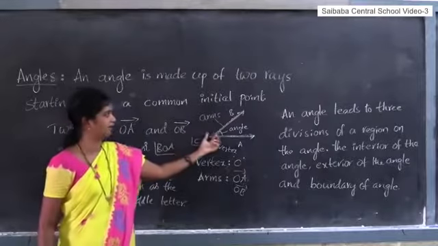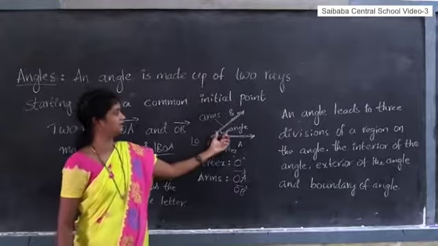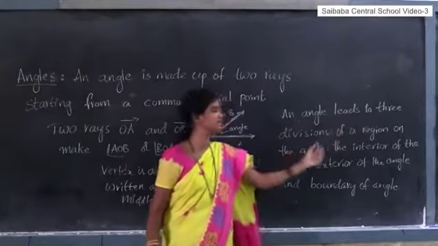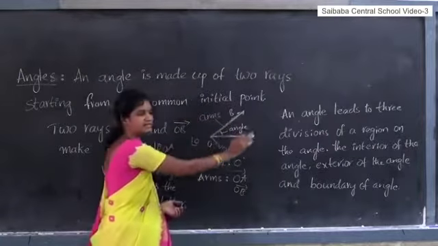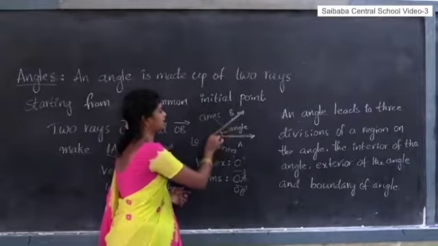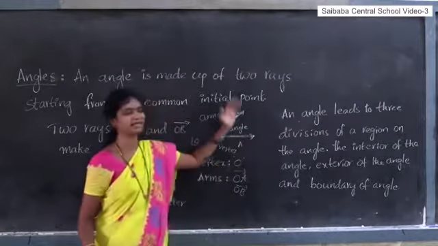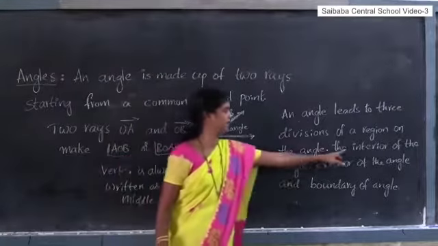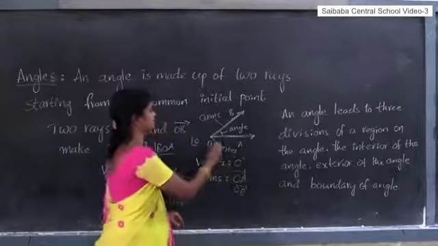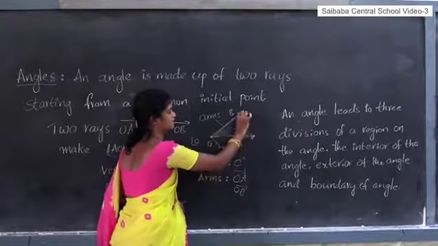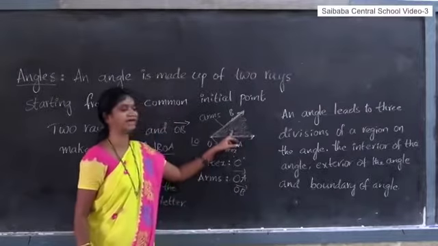So here again, an angle leads to three divisions of the region. If you consider this blackboard as a region, this angle divides this region into three parts. What are those? The interior of the angle. So this shaded part is called the interior of the angle.